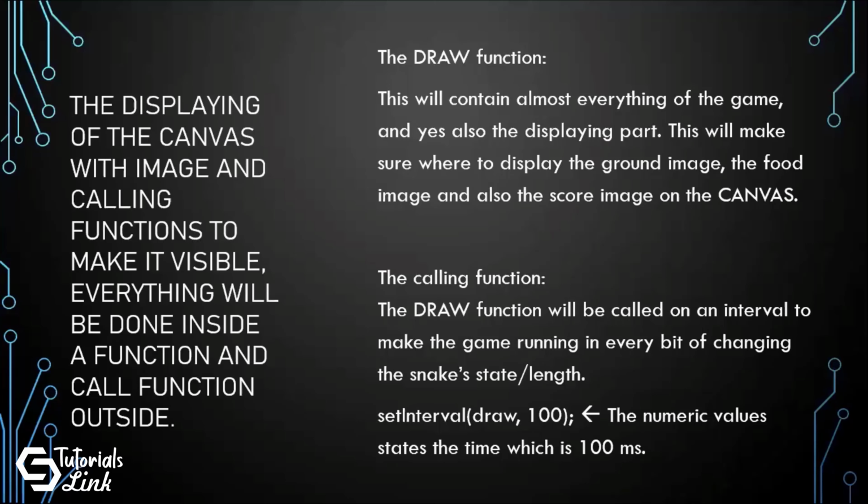So in this particular function, we will tell JavaScript: okay, load this ground image in this coordinate, load this image in this coordinate, and load this score in this coordinate in the canvas section. Everything will be given in a calculated and very precise manner.